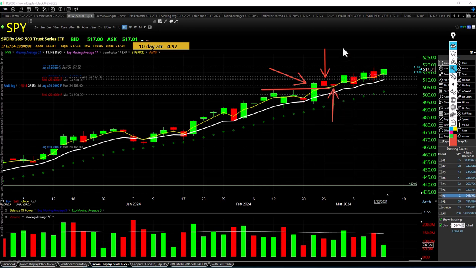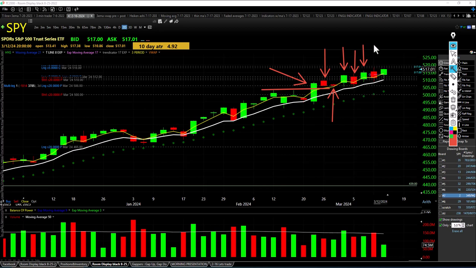Then you get price advancement candle 1. Makes a higher low and a higher high. Price advancement candle number 2 makes a higher high and a lower low, but does not break the base. Price advancement candle 3 makes a higher high and a higher low.